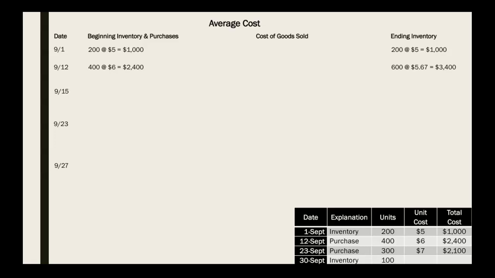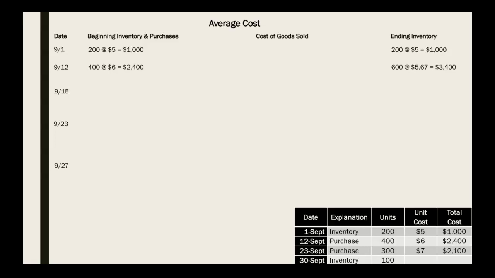We then combine the total value of our inventories. So we had inventory that was worth $1,000. We just purchased inventory worth $2,400. So 1,000 plus 2,400 equals 3,400. Now we can take 3,400, divide by 600.